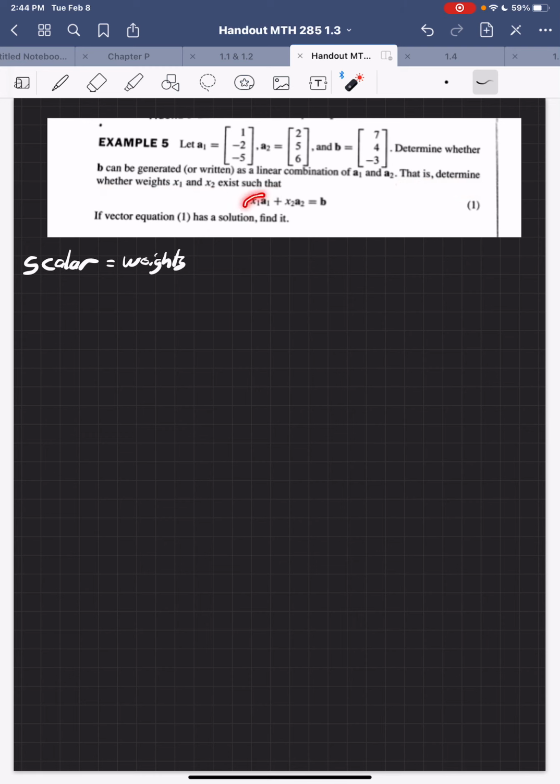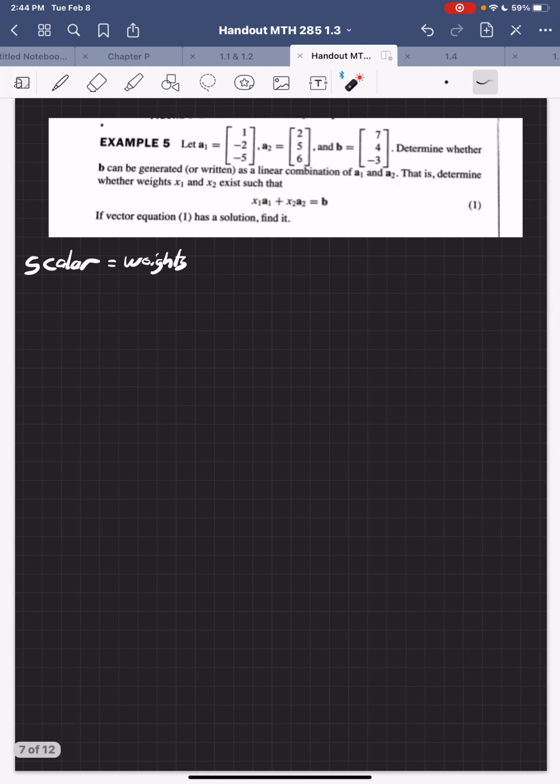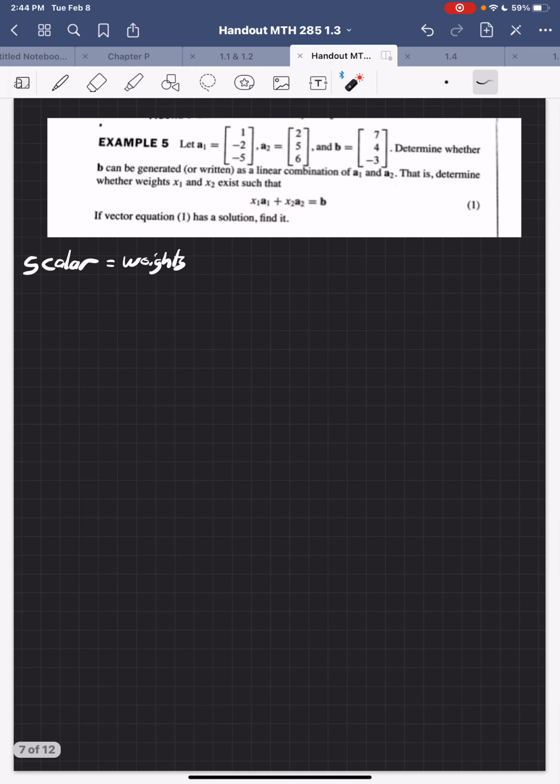The only difference is, we had a c sub 1 and a c sub 2 here. They are using x sub 1 and x sub 2. That's not a problem. But instead of calling them scalars, they're calling them weights. And you'll see why they choose this language very soon. But what is it that they want?